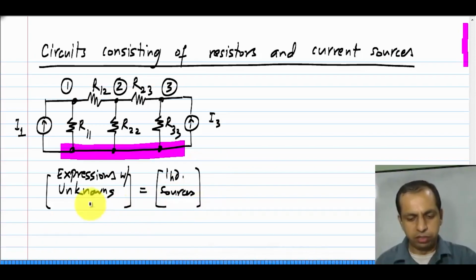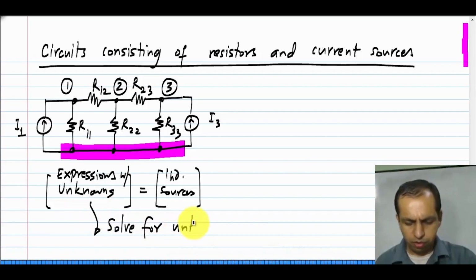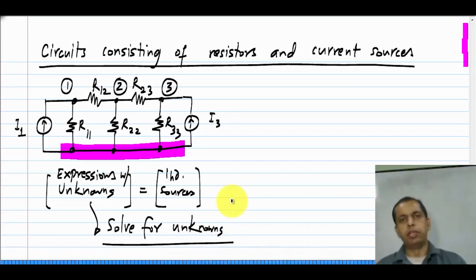And by solving for this, we will solve for the unknowns. So, what I mean is, when I am writing down equations, I will push the terms containing independent sources to the right hand side and retain the terms containing the unknowns, the variables, on the left hand side.